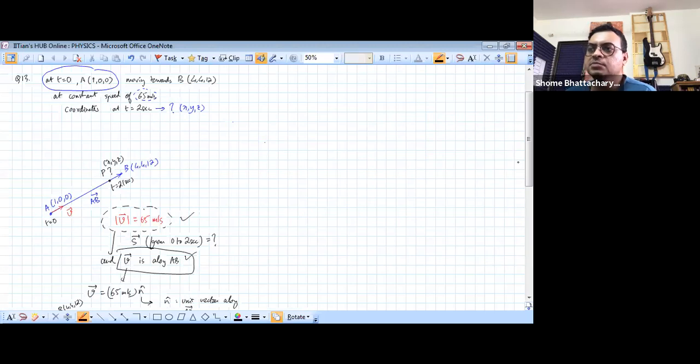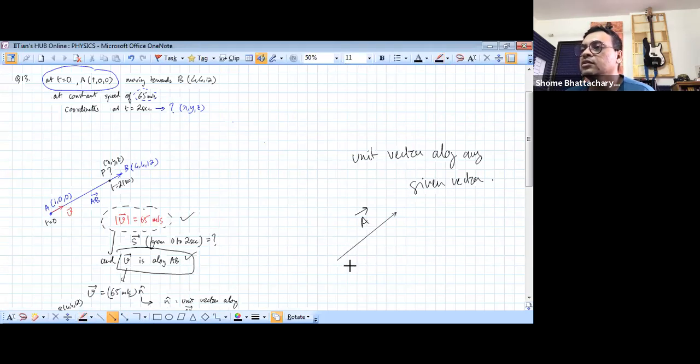So Shikhar, the meaning of unit vector along AB. Unit vector along any given vector, what does that mean? So suppose we have some vector like this. This vector is E. So then we can also define something called E cap or N cap.